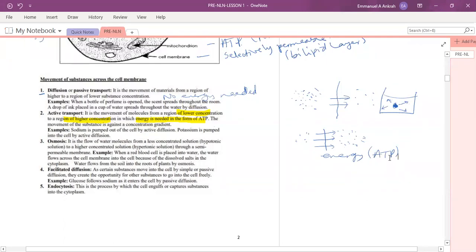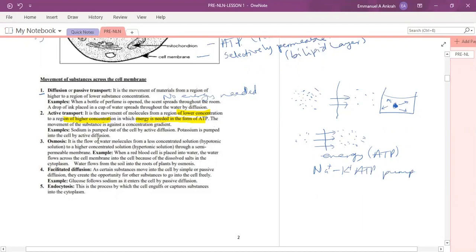Energy is needed. And a typical example that I have here is what we call the sodium potassium pump, the ATP pump. I'm sure you've heard of the sodium potassium ATP pump. It pumps sodium, Na plus. Okay. It's an example of active transport. All right.